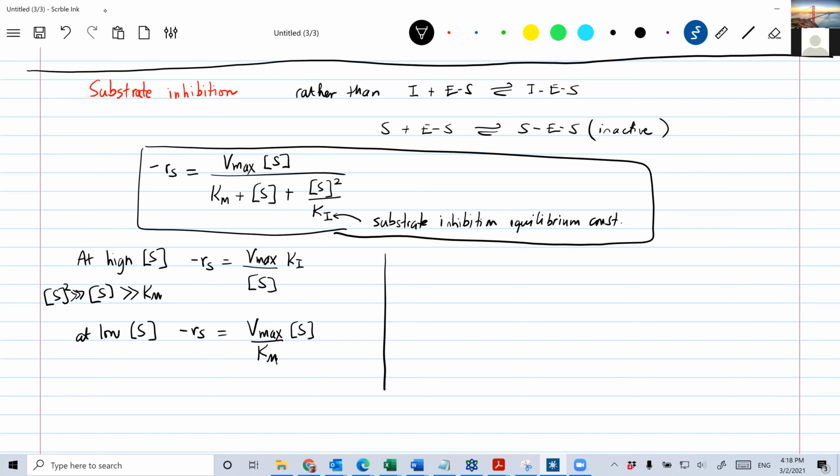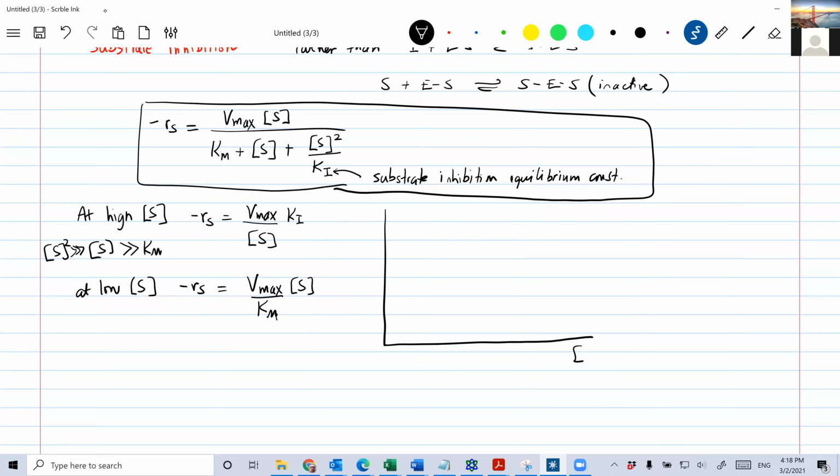So if you were to plot this normally, not Lineweaver-Burk, just a normal plot, of concentration versus minus rS, the concentration would go up, plateau somewhere, and then go down. And that would be an S max. And here would be a Vmax.